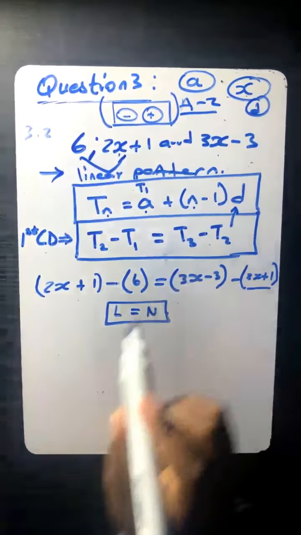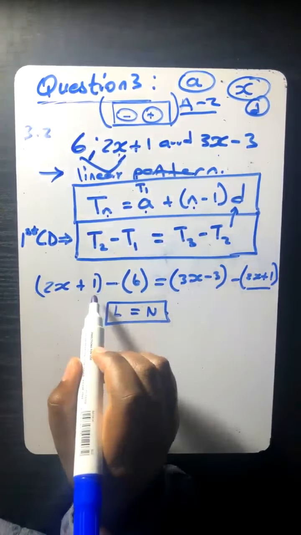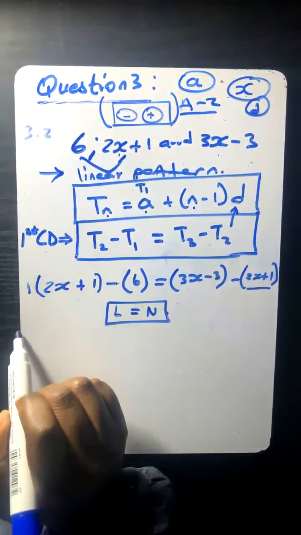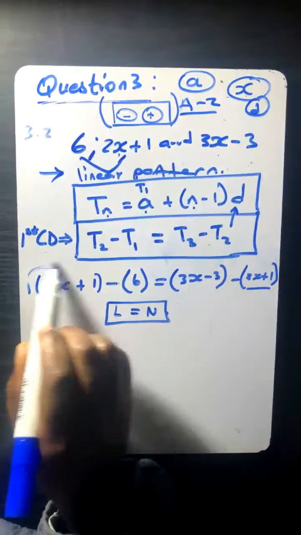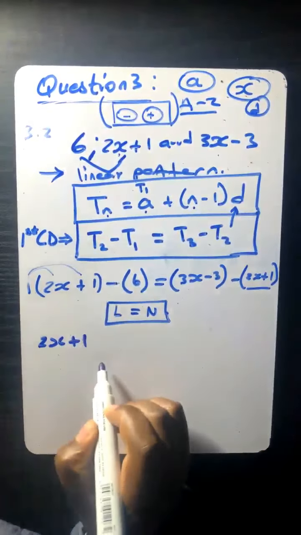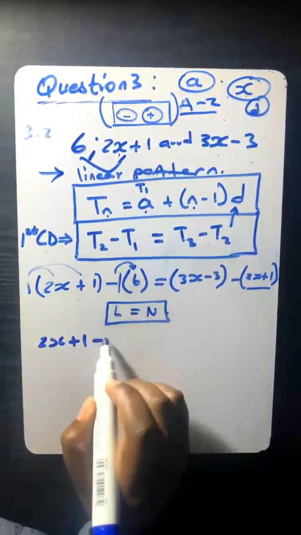Okay, chabalala, one side. What are we doing there? We want to remove the brackets. How do you remove the brackets? You know you have an invisible 1 in front of every bracket. So that times that times that. We are having 2x, that times that is just positive 1. There we have an invisible 1, negative 1 times 6 is minus 6.